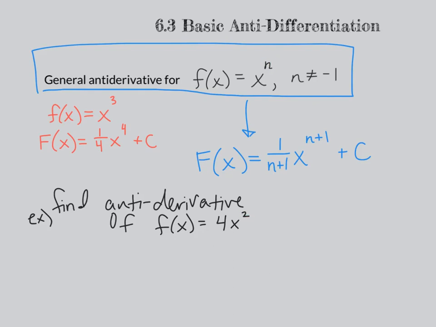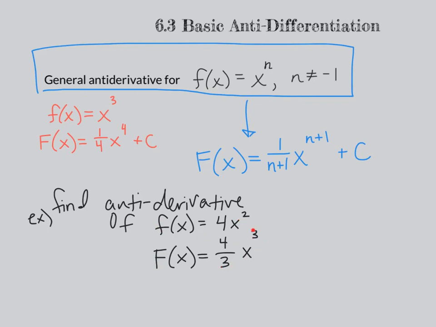N here is 2. So I'm going to have an x to the 3rd because I have to add 1 on. I'm going to keep this 4 out front. Nothing says we have to change that 4. But then I have to divide by the n plus 1. Well, since our n was 2, I have to divide by the 3. So if we started off with this f of x, its antiderivative is 4/3 x cubed.